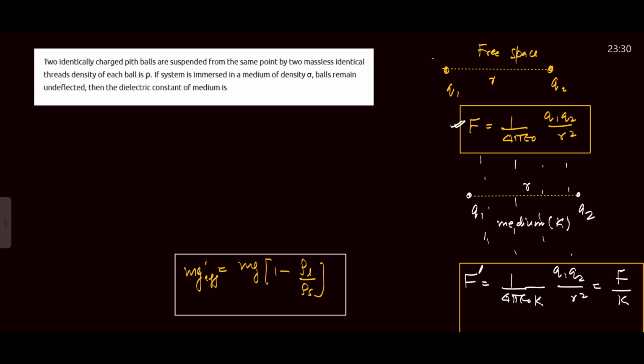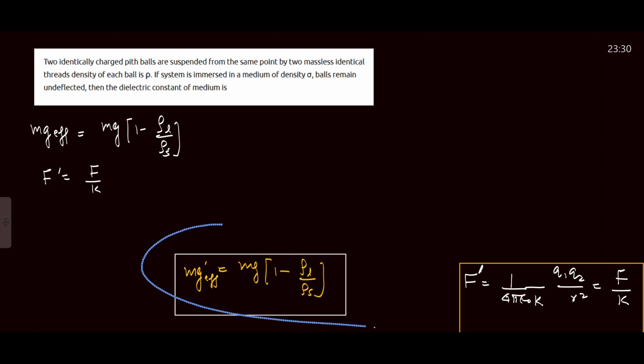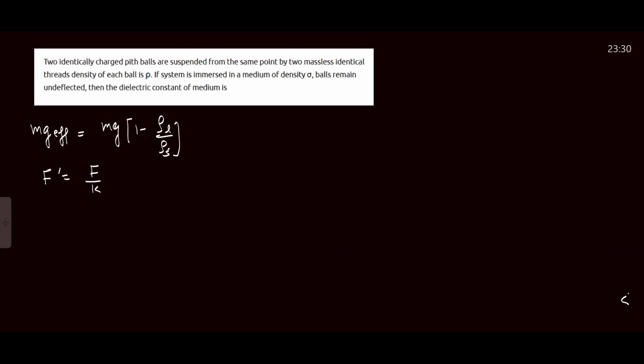We need one result here, and one result there, so these two results. mg effective is equal to mg bracket 1 minus density of liquid by density of solid, and F prime would be F by K. These are the two results we have learned from the previous calculation.